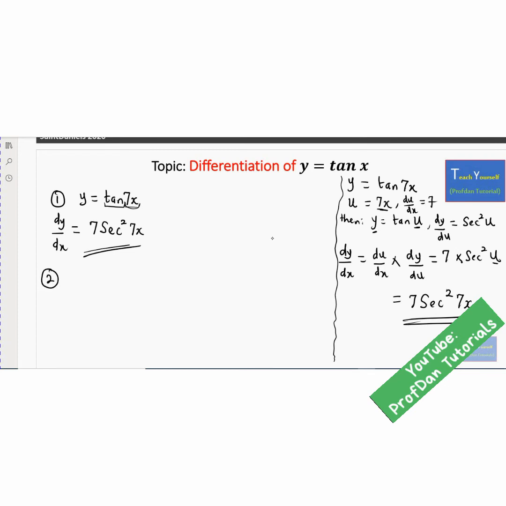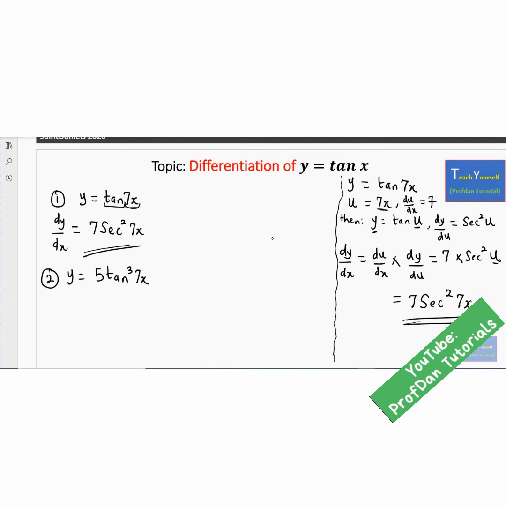If you have this kind of question, y equals 5 tan cubed 7x. Yeah, let's go a little bit advanced. So how do you do this? It's quite simple, but you still have to apply a function of a function.